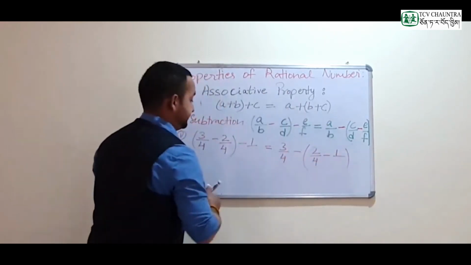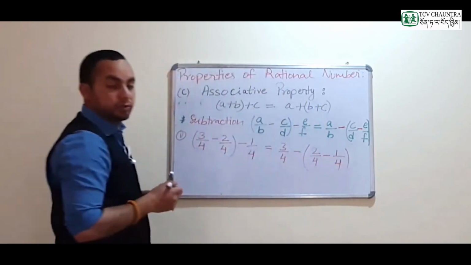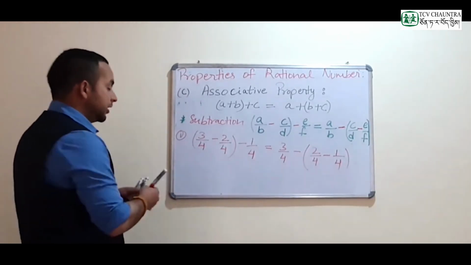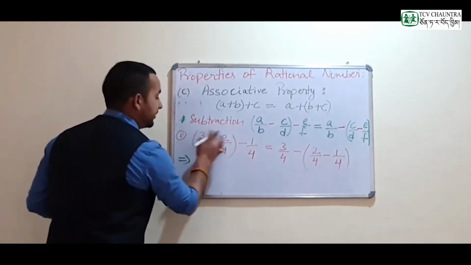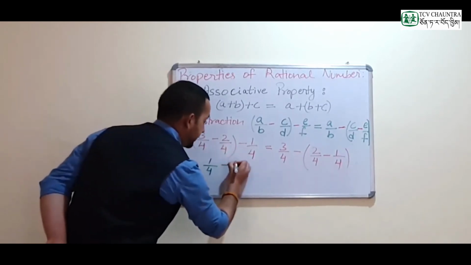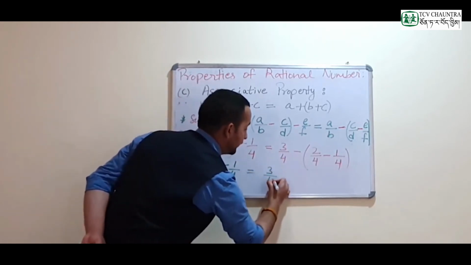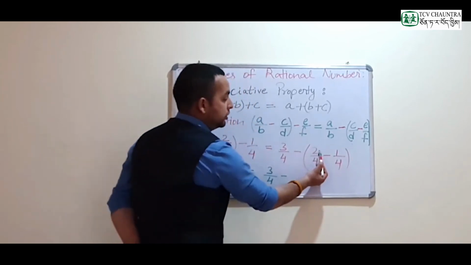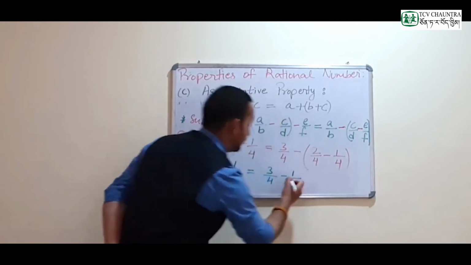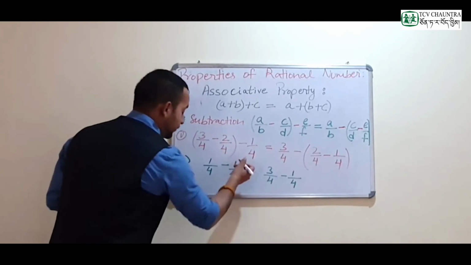We will take the denominator same. Now we are going to solve this. So 3 minus 2 is 1, giving 1 upon 4 minus 1 upon 4, which is 0.